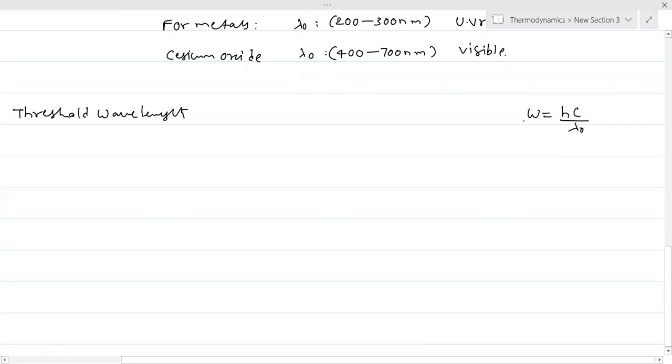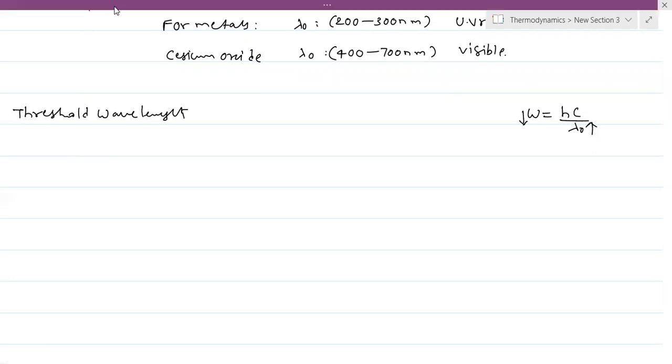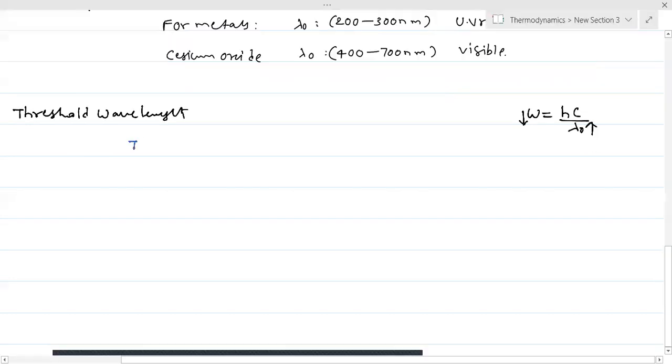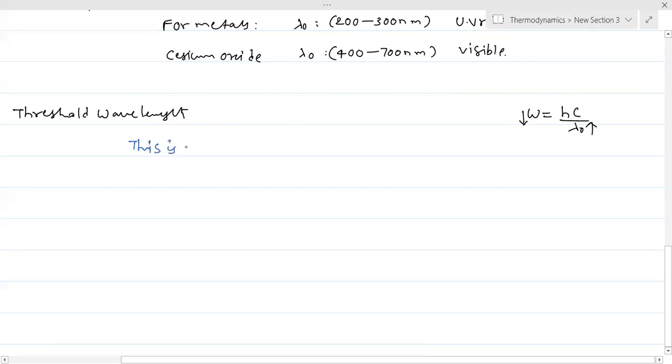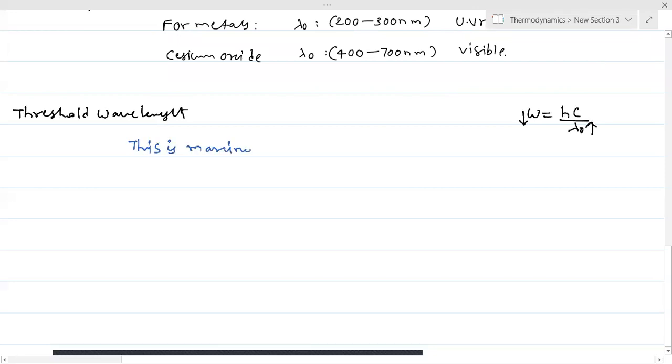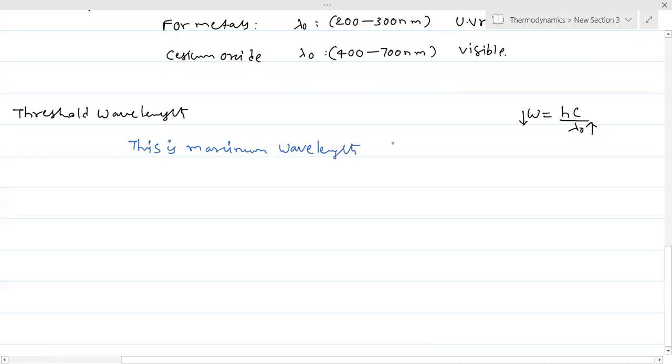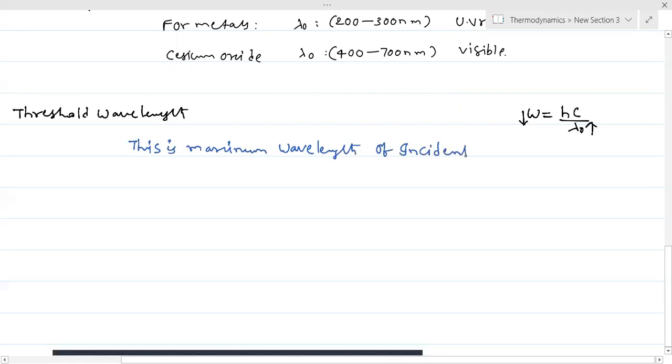According to the definition, work function is the minimum energy, so when the work function is minimum, lambda naught is defined as the maximum wavelength. So this is the maximum wavelength of incident radiation to start the photoelectric effect.